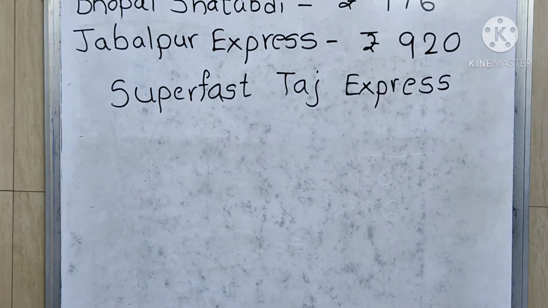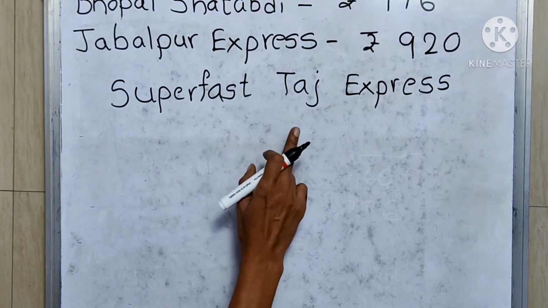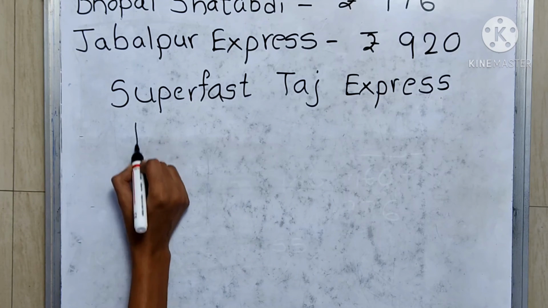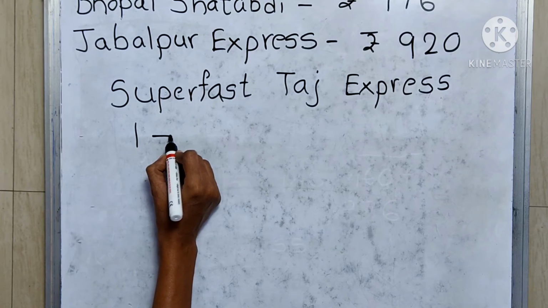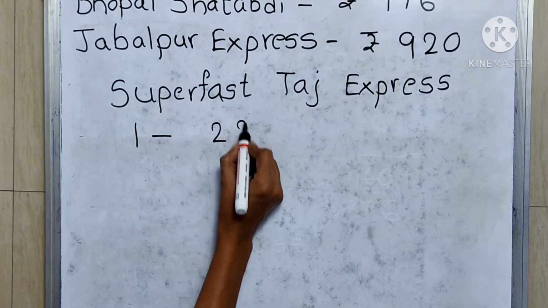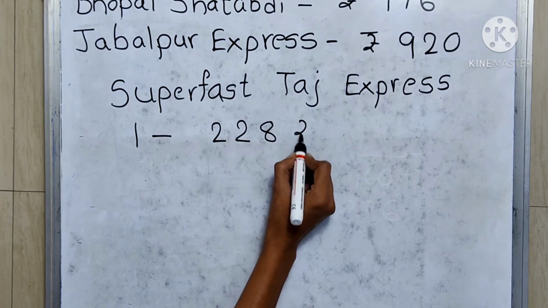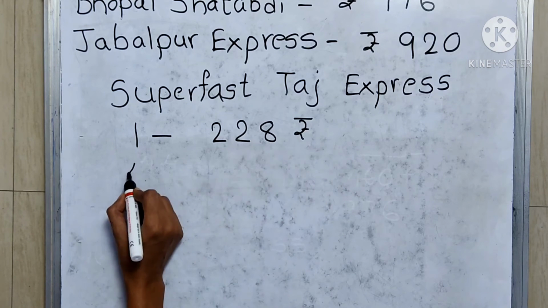Now we will calculate the cost of ticket for Superfast Taj Express. For one person the ticket cost is 228 rupees and we have to find out for 4 persons.